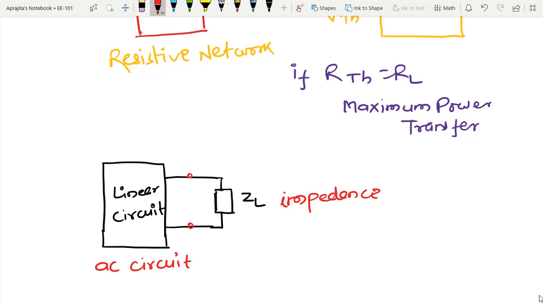I have to tune this ZL such that maximum power will transfer from this AC linear circuit to this impedance.